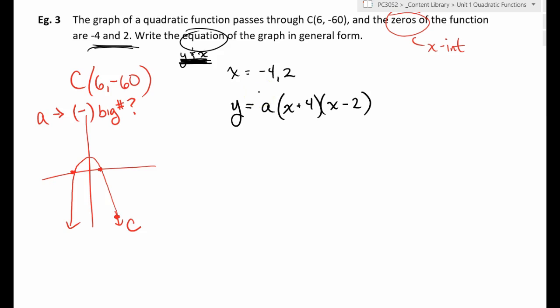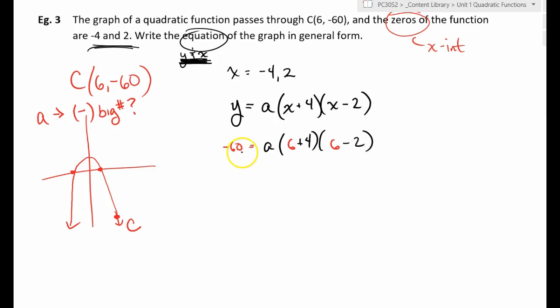What am I supposed to do with that point C? Well, that is what's going to plug in so that we can solve for a. So I'm going to put in negative 60 for y. That's the y coordinate. I'm going to leave a here, and then instead of x, I'm going to put in that 6. Sorry about the fan here, folks.